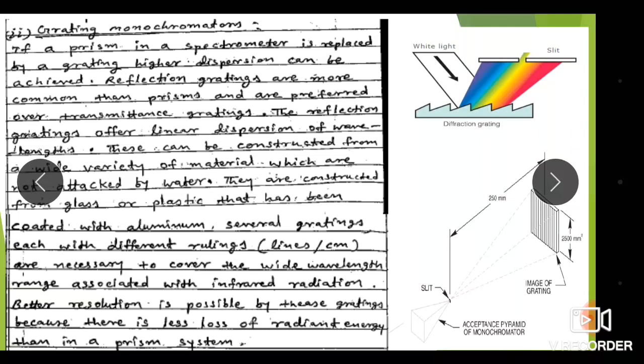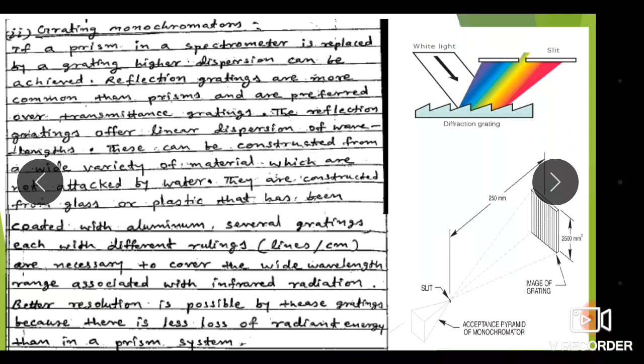These can be constructed from a wide variety of materials which are not attacked by water. This is another benefit of using the diffraction grating: the material used is not attacked by water molecules, does not react, and is not soluble in water.